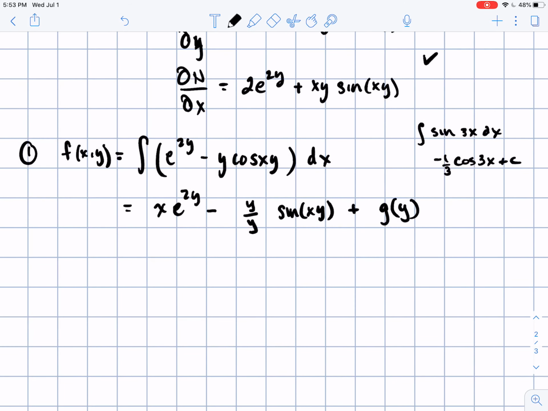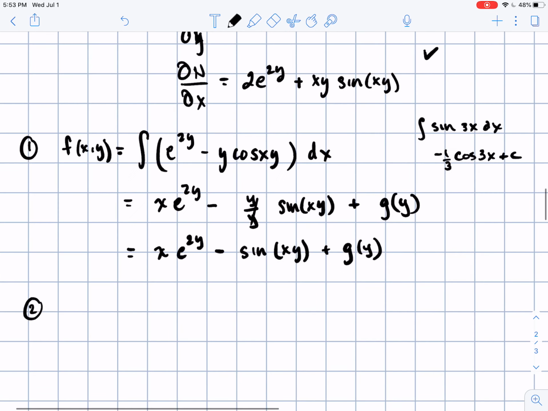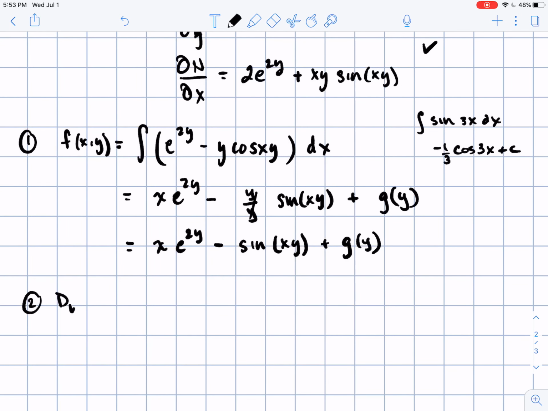Okay, so here let's just clean this up. So we have our function, where we canceled out those y's, and now let's take the derivative of that with respect to y. So I'm taking the derivative with respect to y of what we got in number 1.